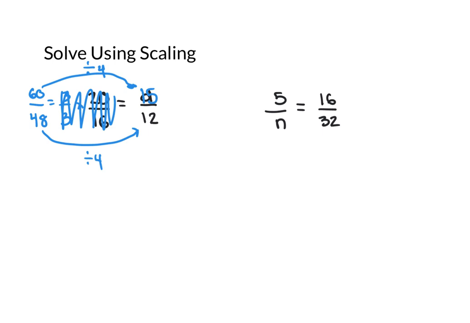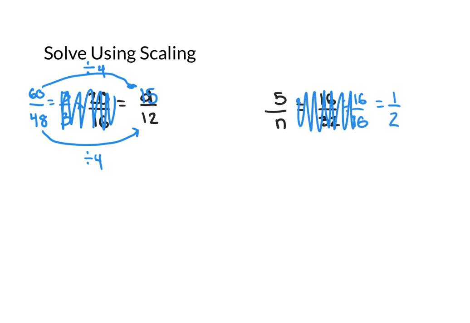In this second example, I want to show you that instead of scaling up, like we did in this previous one, where we went from 20/16 to 60/48, you could also scale down, which in other words, that's just simplifying. If we divide by 16 over 16, we just have a half.